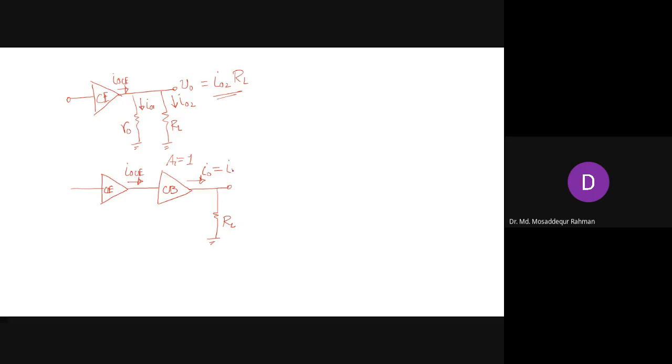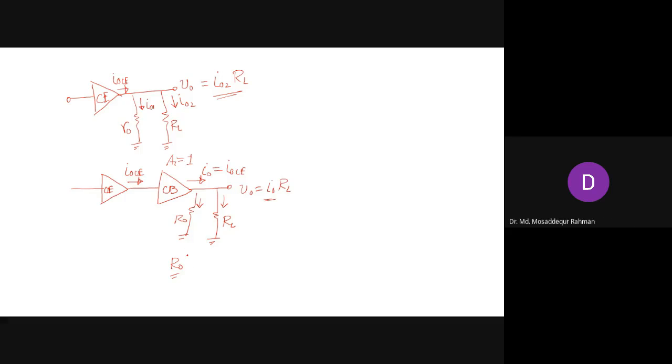So the output current of the common emitter is the same as the output current here, it is a unity current gain. So the whole of the current is going into R L, right? So V naught is I naught R L. Now the common base will also have R naught, the output resistance. But the current here will be very small because the resistance is very high.